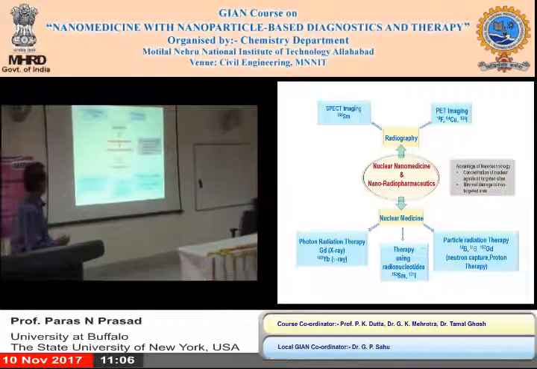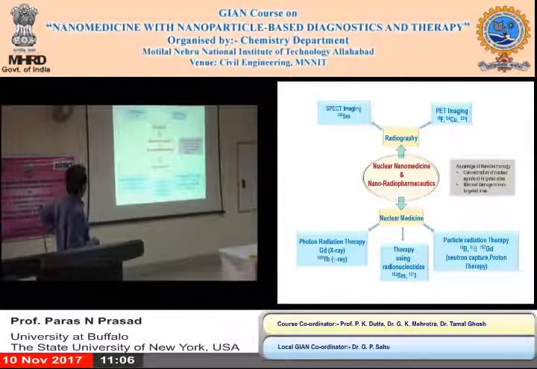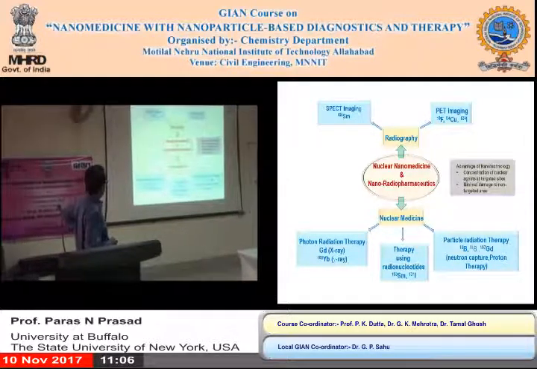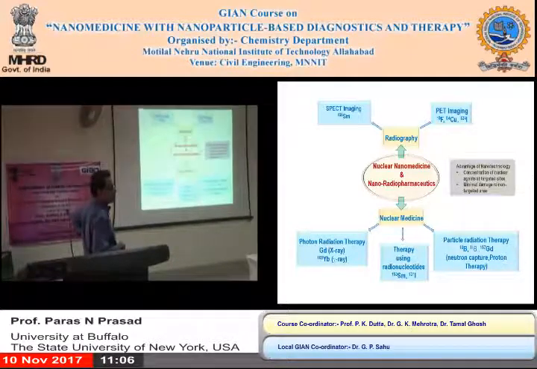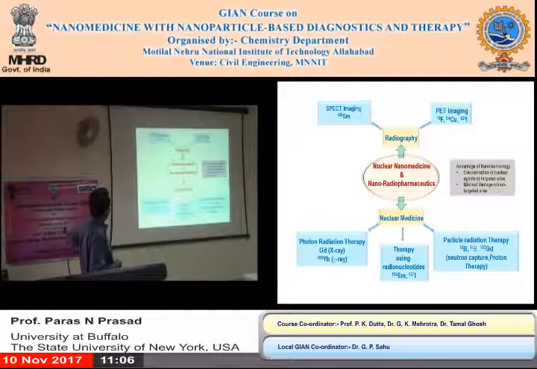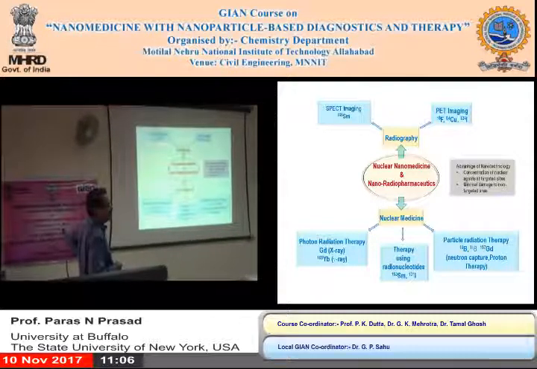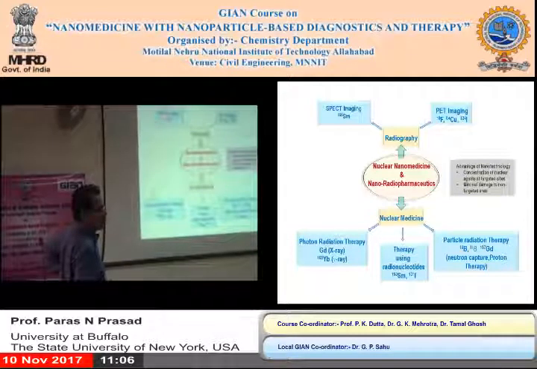Now, then I come to another area that I'm very excited about. So nuclear nanomedicine, okay? So what is nuclear medicine? One part of nuclear medicine is imaging, which is called radiography, and it uses radioactive isotopes, and that's what provides the signal.